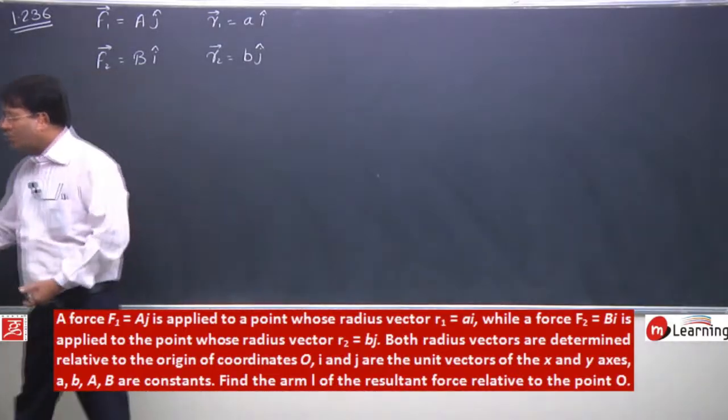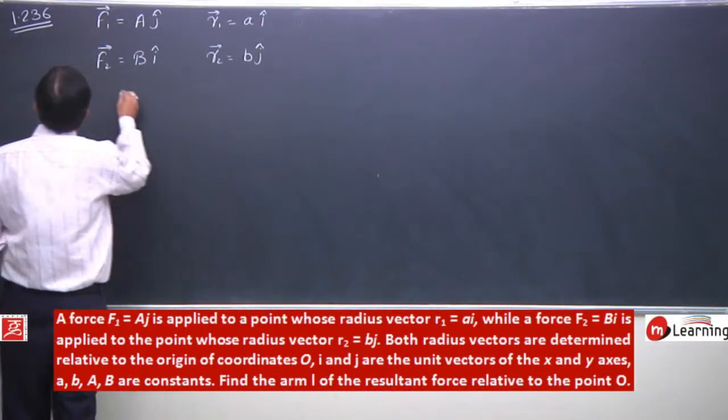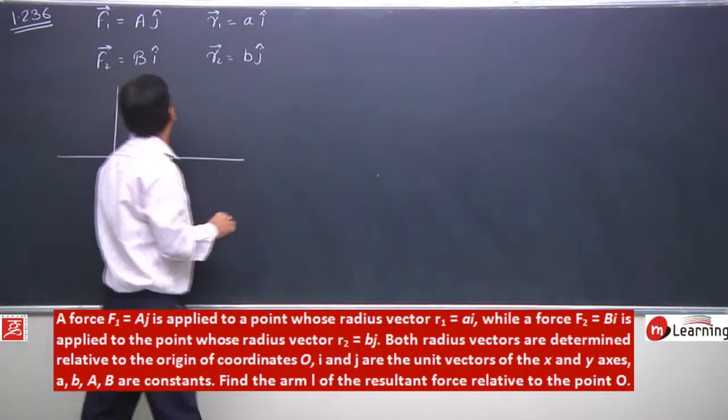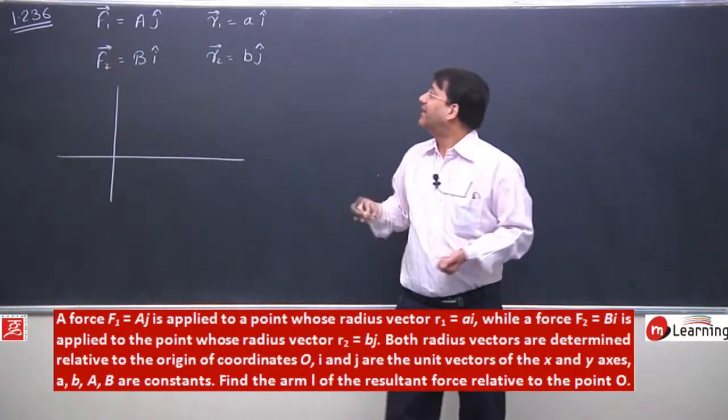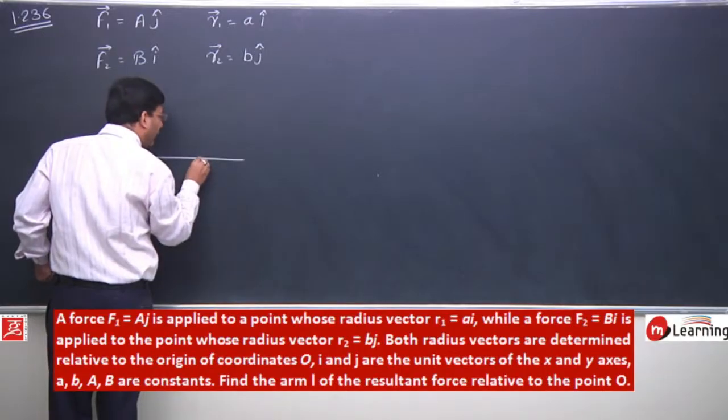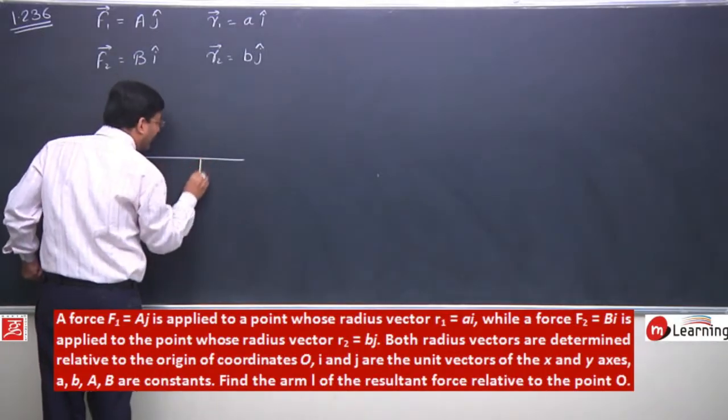Now, once again, let's try to understand how these forces are applied. Force F1 is applied like this, at R1 I cap, this is A comma 0, and force F1 is AJ.